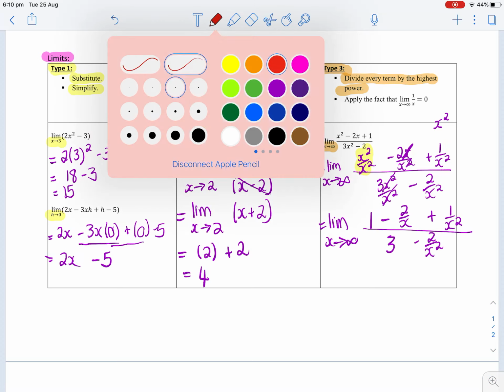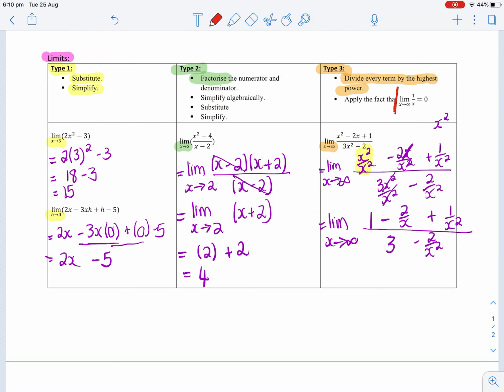Now I use a magic fact that I know. If I have x in the denominator, the bigger that x value gets, the smaller the overall value will get. Let's have a look. I have a half, the value is 0.5.